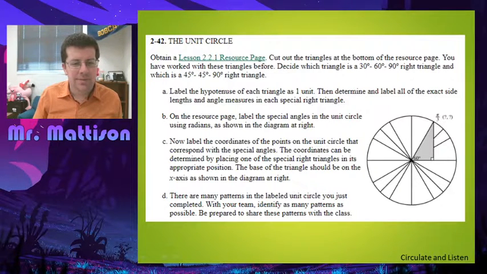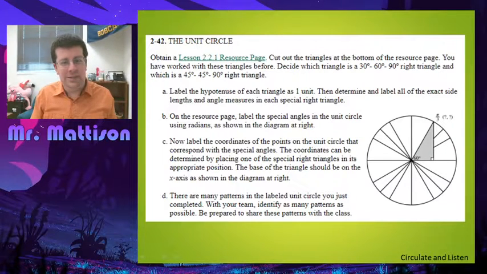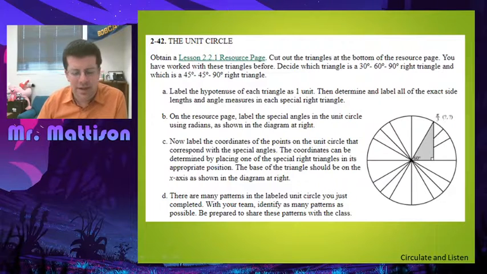I'm going to go over all the different steps here, then we'll do it all on the document camera. We're going to label the special right triangles. I've already done that just to save time.